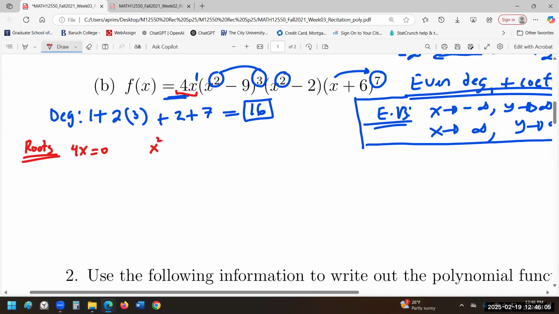The second factor is x squared minus 9 with a cube, we set it equal to 0. The third factor is x squared minus 2, we set it equal to 0. And lastly, we have x plus 6 to the power 7, we set it equal to 0. Can you please zoom out so that I can finish the problem? Okay.